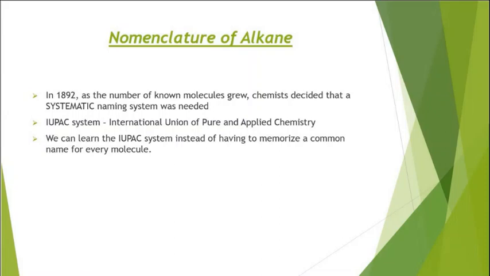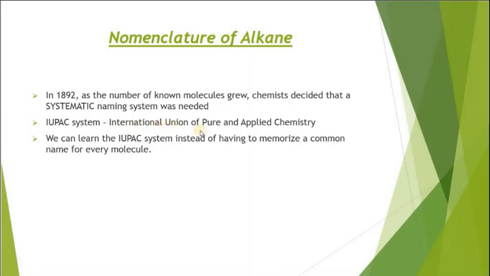Such common names have their origin in the history of science and the natural sources of specific compounds, but the relationship of these names to each other is not clear, and no rational or systematic principle governs such names. So that's why in 1892, as the number of known molecules grew, chemists decided that they should develop a systematic naming system, which was devised by IUPAC.